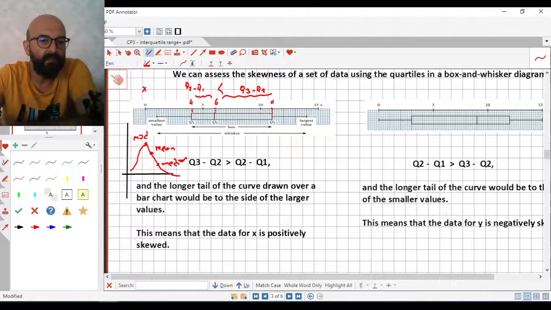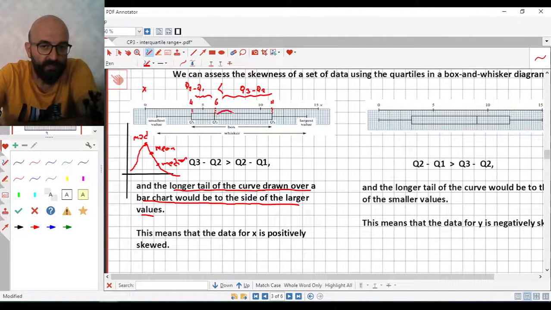So this graph, the longer tail of the curve drawn over a bar chart would be to the side of the larger values. And this range is bigger, so the longer tail is here at the right.